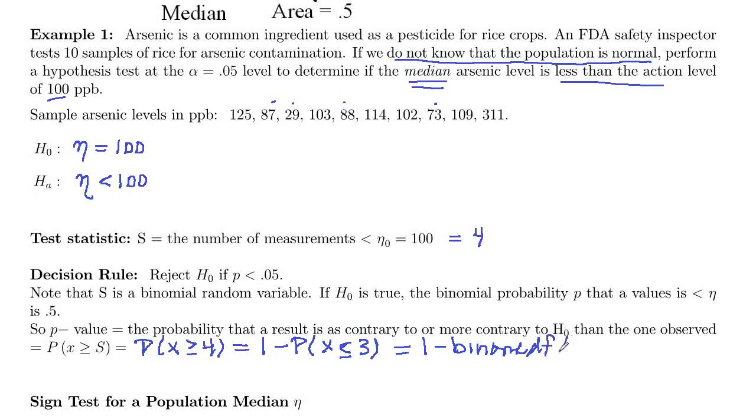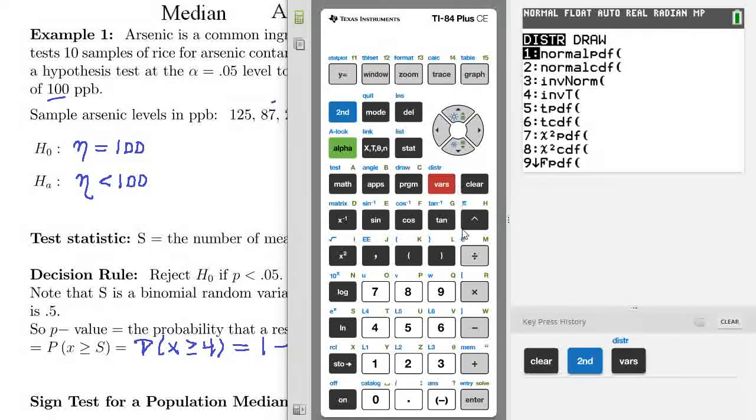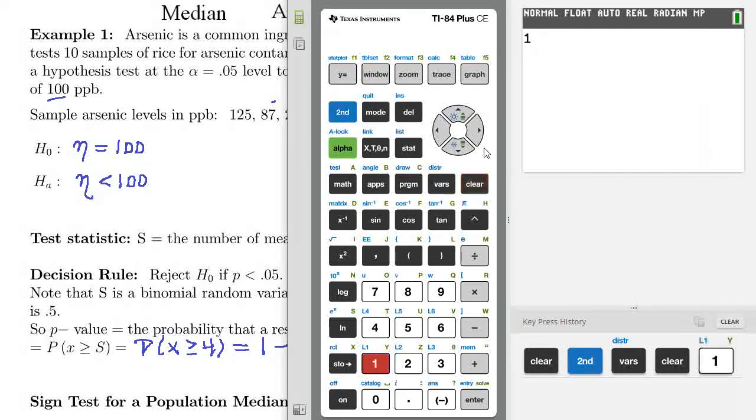And then we have 2, 4, 6, 8, 10 data values total. So 10 trials. Our probability is 0.5, and we're looking for at most 3 successes. Let's go ahead and put that into the calculator. So go to second variables. We want to do 1 minus first. 1 minus.